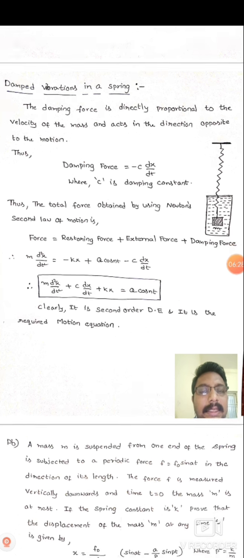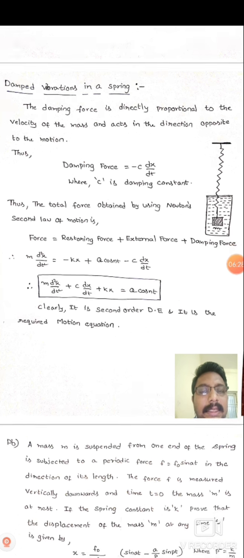So the motion equation is m d square x by dt square equals negative kx plus q cos nt minus c dx by dt, or m d square x by dt square plus c dx by dt plus kx equals q cos nt, where q cos nt is the external force, negative c dx by dt is the damping force, and the restoring force is negative kx, where k is the spring constant and x is the displacement. We can calculate the displacement using this motion equation.